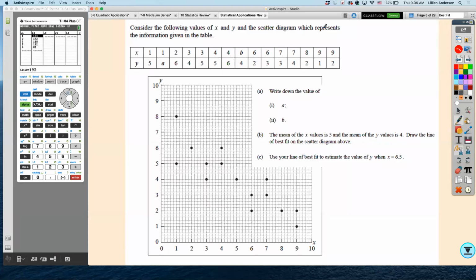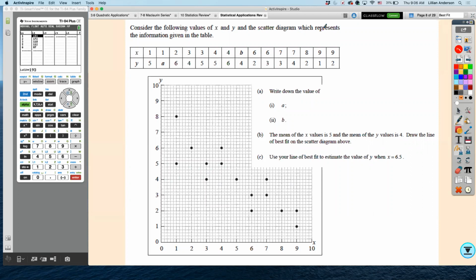This one here is an example of doing the line of best fit. Consider the following values of X and Y and the scatter diagram, which represents the information in the given table. Got a lot of data. Actually, the X's are in order, okay?